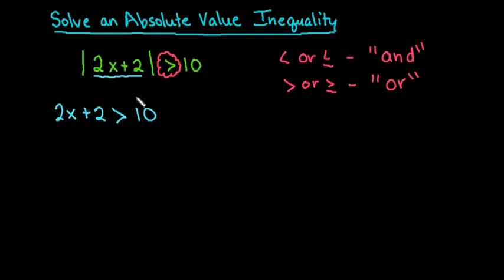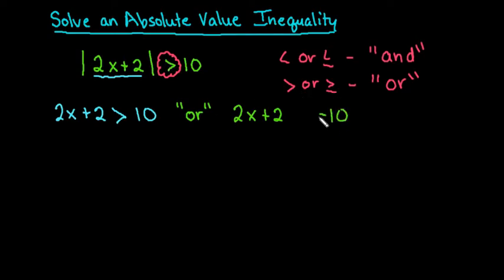For the second inequality, remember that this is an "or" inequality. If you go back to solving absolute value equations, we would set it up as 2x plus 2 equals 10, and 2x plus 2 equals negative 10.